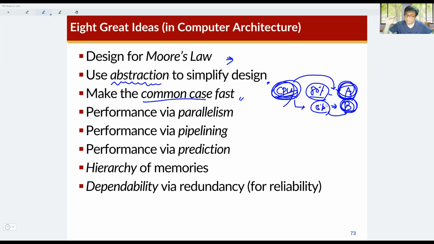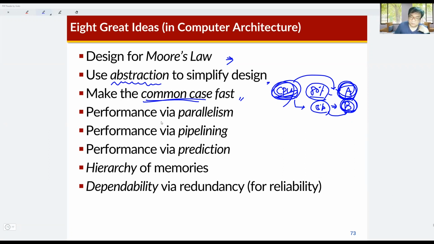The maximum performance increase is 5%. Okay, so we need to focus on the common case, not a specific case or specific applications. Okay, we need to focus on the common case.